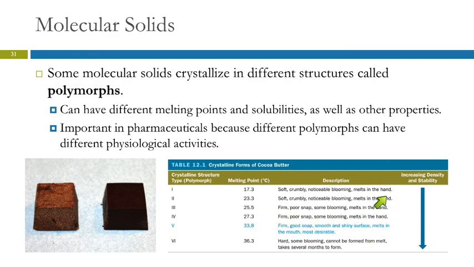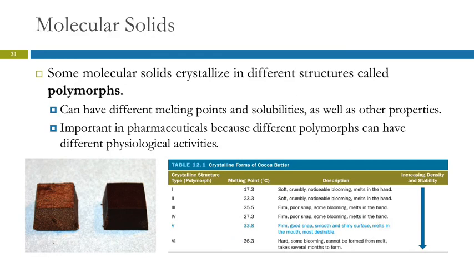All of these will melt in your hand, and that's not the greatest because then you get all messy. This is the ideal one. You get a firm, good snap and a smooth and shiny surface. It will melt in your mouth, but not in your hand, which makes you think of M&Ms, but those are cheating. They've got a candy coating on the outside.